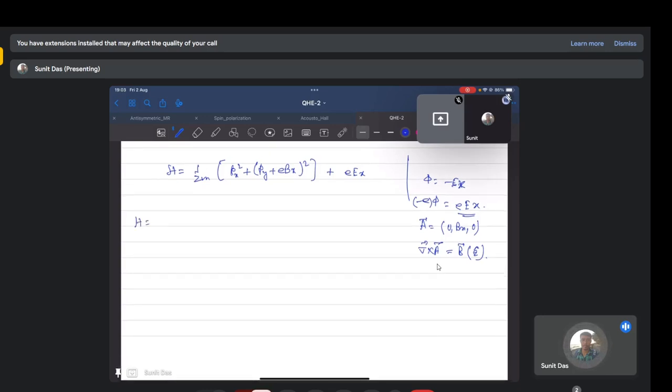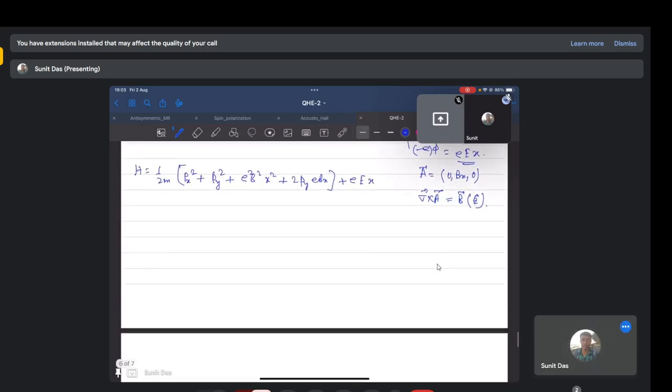So this Hamiltonian we simply explicitly write the square terms, then this will be 2 py eBx and then plus e electric field and x. So notice that there is a linear in x term here, and also a linear in x term here. So we need to add them, and then simply we will complete the square term.